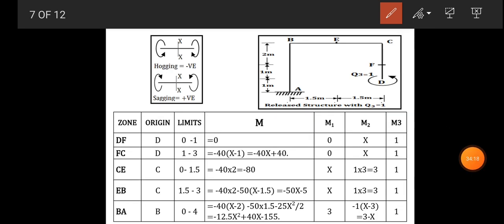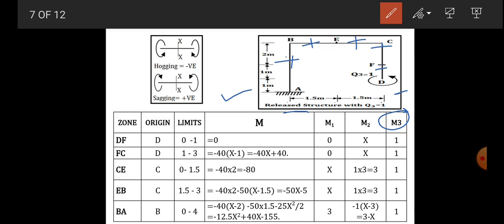Now the next displacement analysis for the M3 column: consider the released structure with Q3 equal to 1. Now Q3 is nothing but the moment. If you take a section anywhere, in any zone, that moment remains the same for any section or zone.